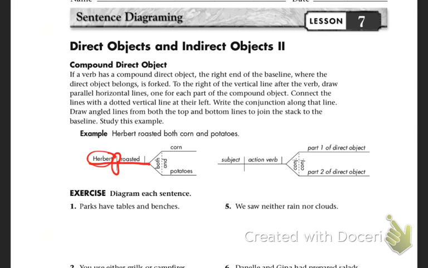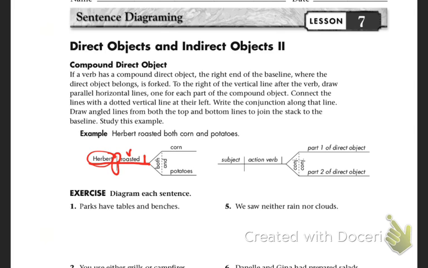He roasted, so there's your subject predicate line. Here's your verb. What did he roast? So I have my direct object line, right, Rocky? Yes? Okay, he roasted corn and potatoes, or just corn? He roasted both corn and potatoes, right?